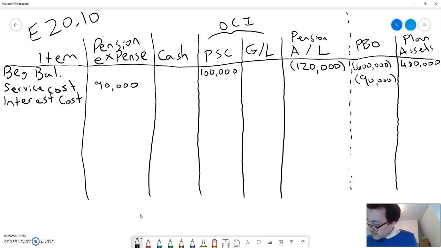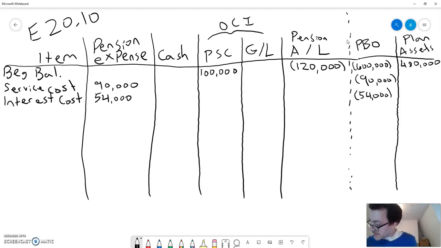And they gave us some sort of rate here, 9%. So what we're going to do, we're going to take the $600,000 balance there in PBO, times it by 9%. 9 times 6, 54. We're just accruing interest, as you would for any long-term liability. Okay.